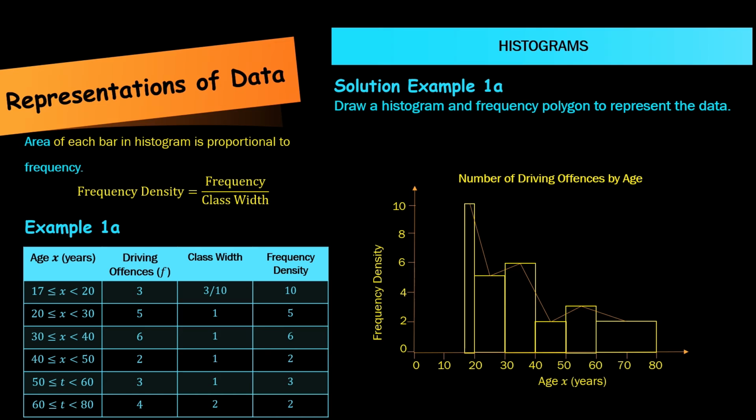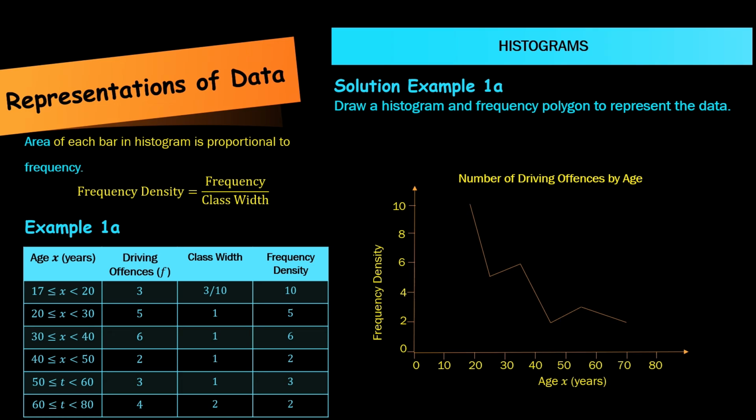We can now join the midpoints of the bars in order to produce a frequency polygon, as shown. And this will look something like this without the presence of the histogram.